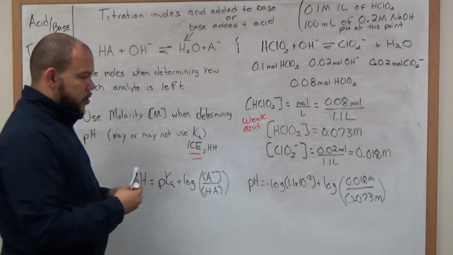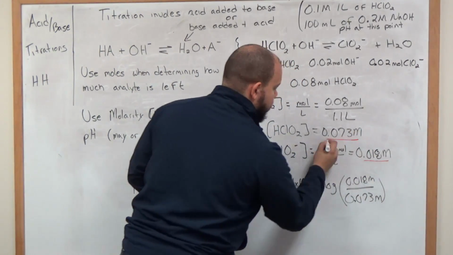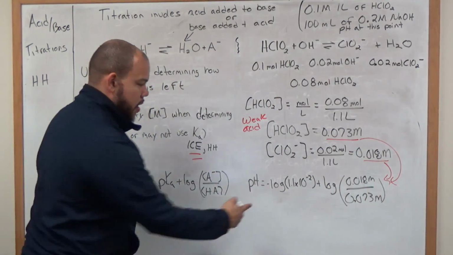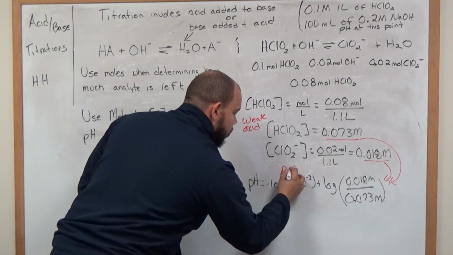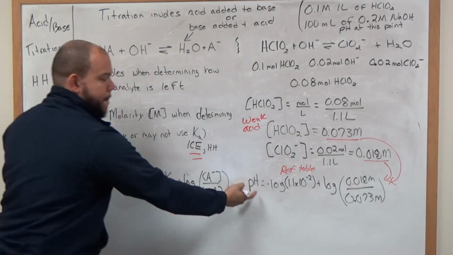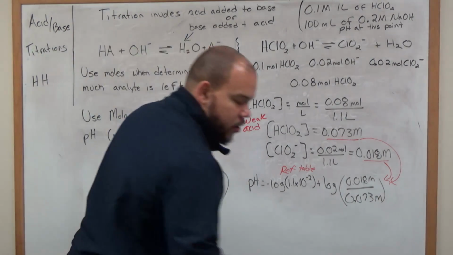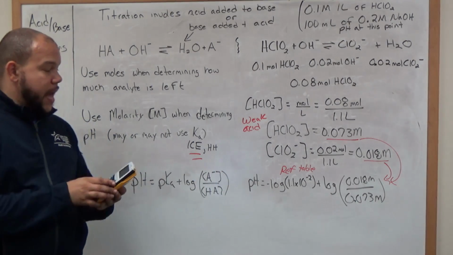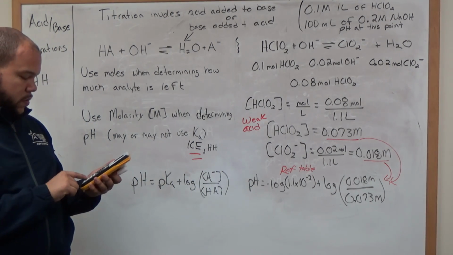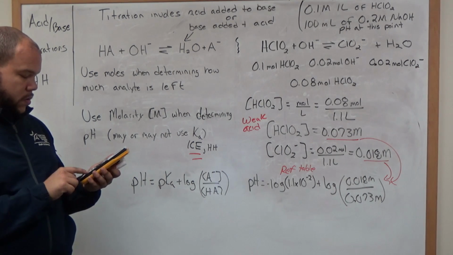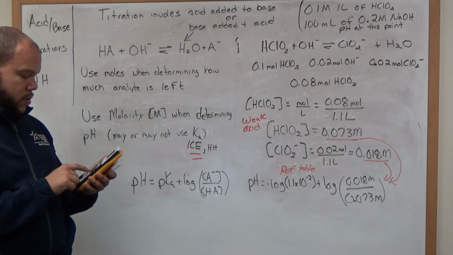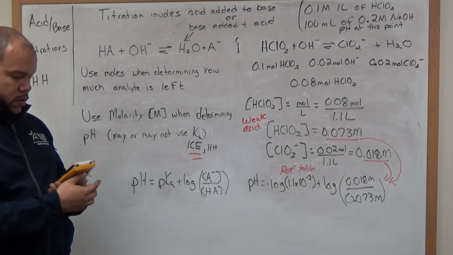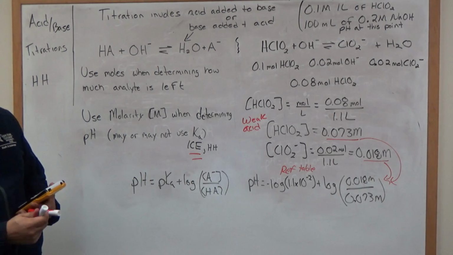Again, I got these numbers from here. pKa I got from the reference table. And once we plug this into the calculator, at this point in our titration, we have determined the pH using this equation. And the pH is 1.35.